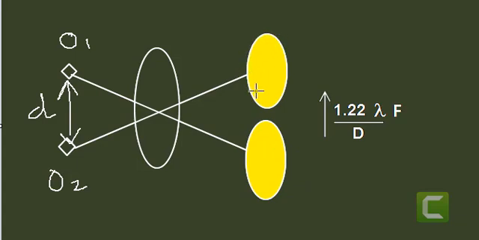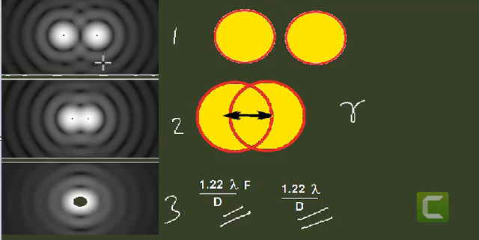The second will also have its central maximum. Now imagine if O1 and O2 approach each other. If you bring the objects closer, D will decrease. When D decreases, the two central maxima will start approaching each other and finally they will overlap.